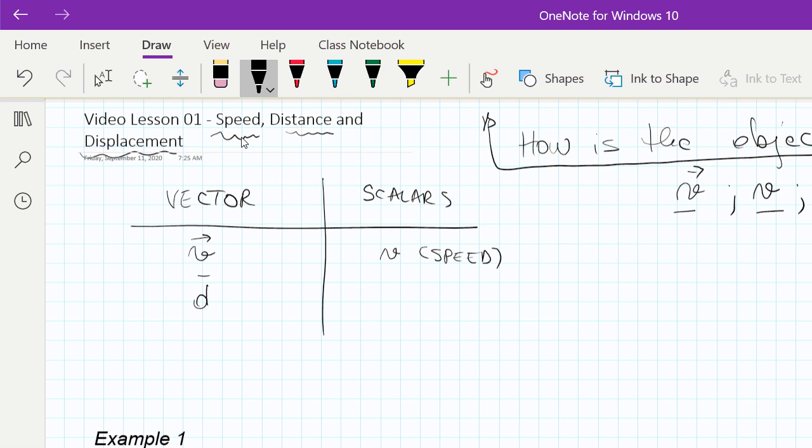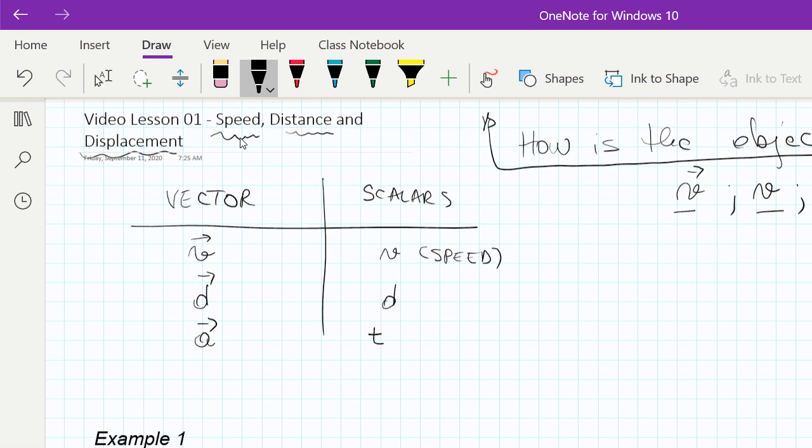And displacement is a vector quantity and distance is the corresponding scalar quantity. Time is a scalar quantity. Time doesn't have direction. It starts at 0 and then it goes on. It starts at the moment that we are looking at the motion and then it moves forward. Acceleration doesn't have a corresponding scalar quantity.